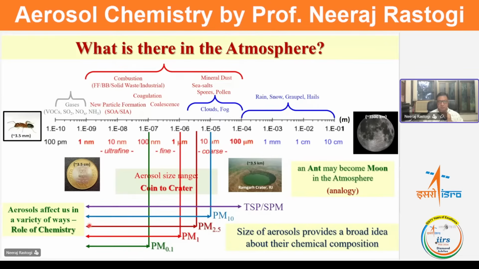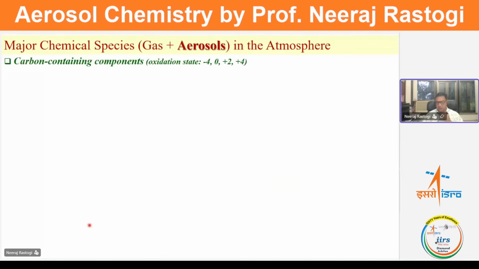So when we say chemistry, what are the major chemical species present in the atmosphere? I'm talking about all the species, that means gas and aerosols, and I have put the aerosols in bold. You will understand why. In the atmosphere, we can have a variety of carbon-containing compounds with oxidation state varying from -4 to +4.